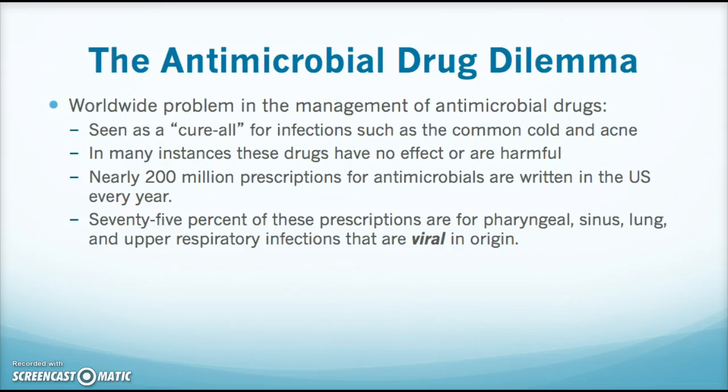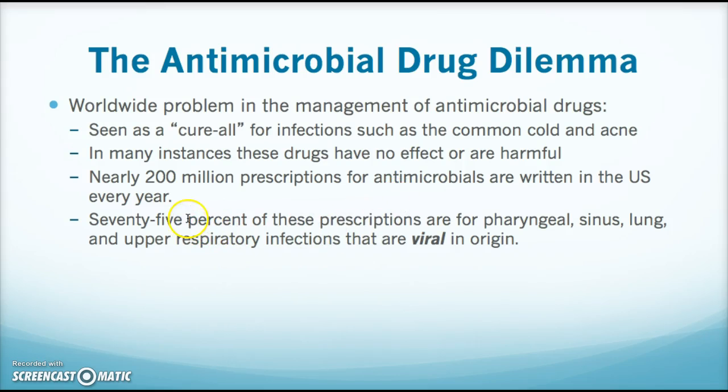So when we look at it, it is a worldwide problem. Part of that is that other countries that do not regulate antibiotics may overuse them, and that happens in the US too. In the US, we have nearly 200 million prescriptions written yearly. Think about that number of prescriptions of antibiotics.